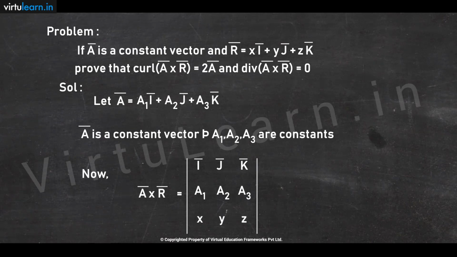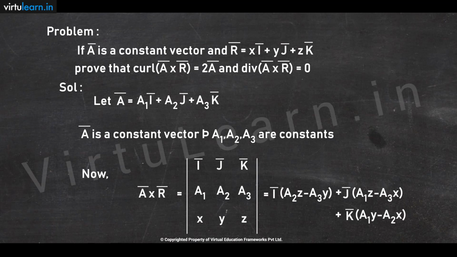So this becomes i bar into a2z minus a3y plus j bar into a3x minus a1z plus k bar into a1y minus a2x. Now we can determine both the divergence and curl of this vector.